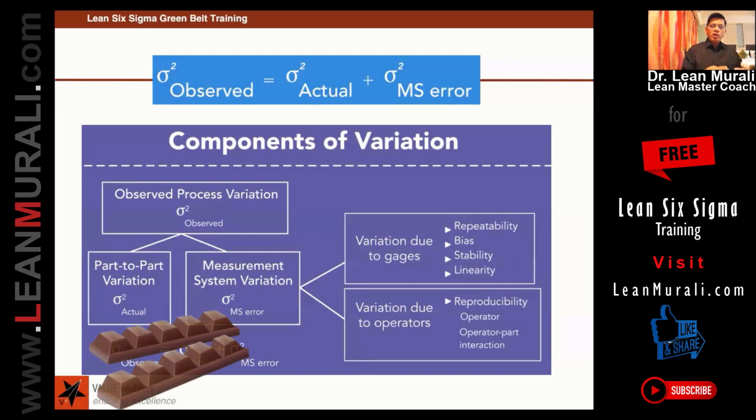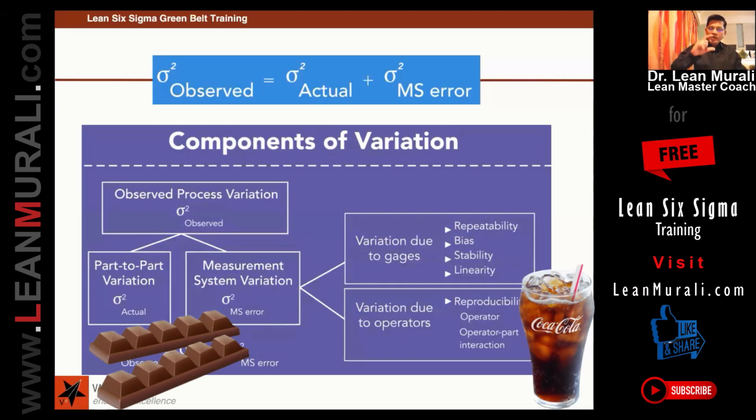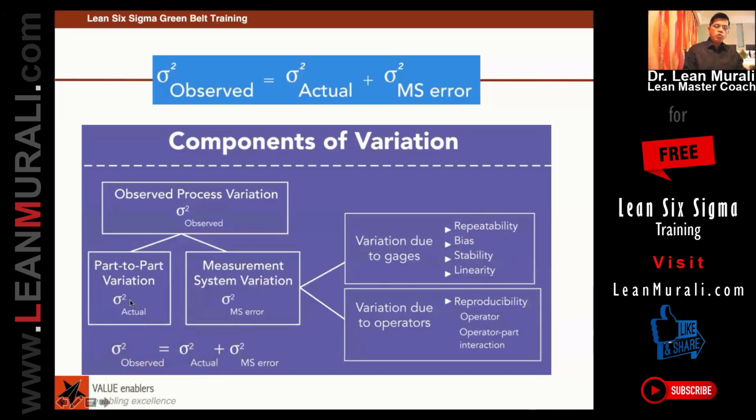One chocolate will not have the same weight as another chocolate. If you buy Coke, the volume of Coke inside will not be exactly the same as in the other Coke. So there will be an actual variation from one bottle to the other, one cookie to the other. This is called part-to-part variation.